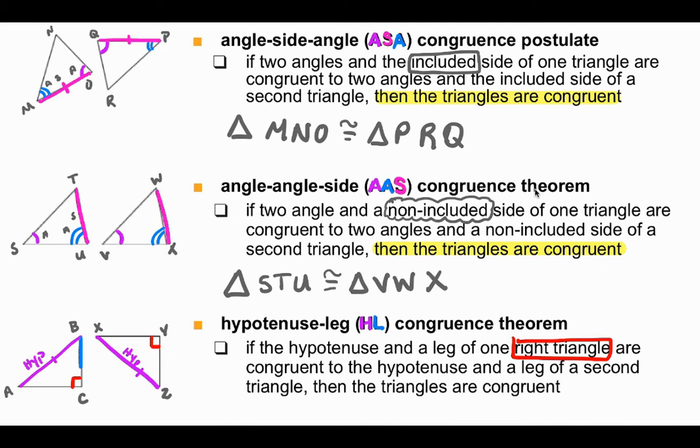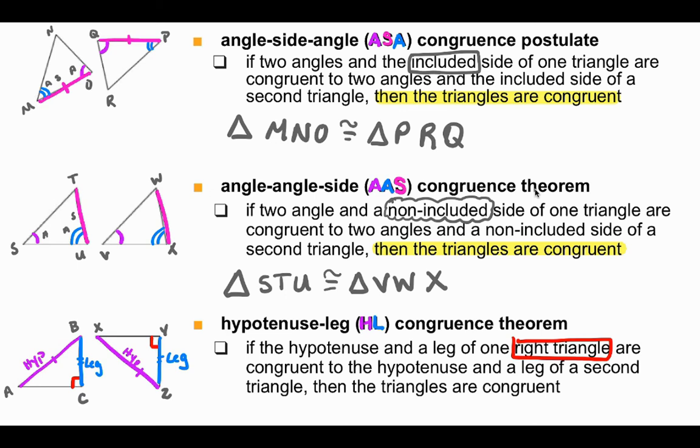Remember that the legs are the sides that create the right angle. So if we have a right triangle, that's the first requirement, and we have a set of congruent hypotenuses and a set of congruent legs, then we can get that the triangles are congruent.